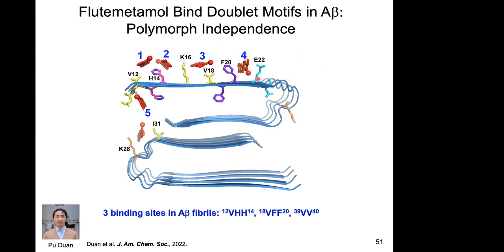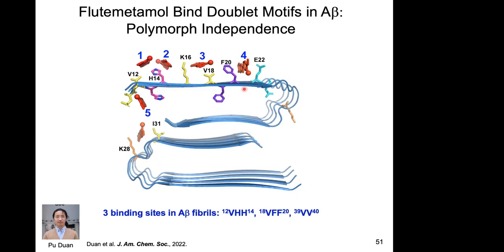We think this explains why this flutemetamol compound can recognize A beta regardless of the polymorph. Because A beta has no specific really structure, not only in vitro, where basically every lab makes a slightly different polymorph, but even in vivo, there is a polymorphic situation. And so when it's polymorphic, you ask, what is the structural feature that this compound will recognize for the A beta?